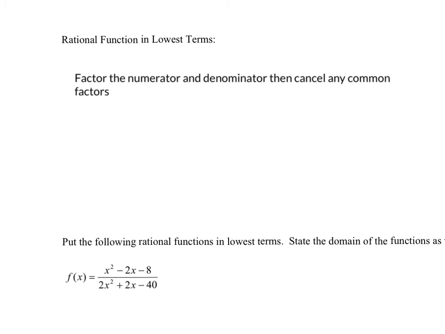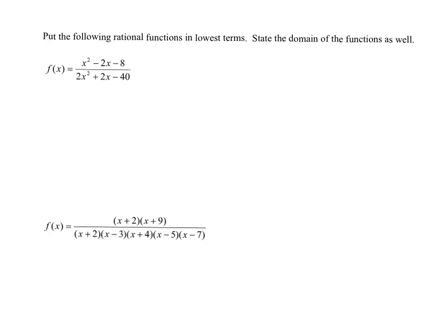So when we talk about the lowest terms, it's when we factor our numerator and denominator and cancel any common factors that appear. When that happens, we get a rational function in its lowest terms. So we're going to put our rational functions in lowest terms, and we're also going to state the domain.